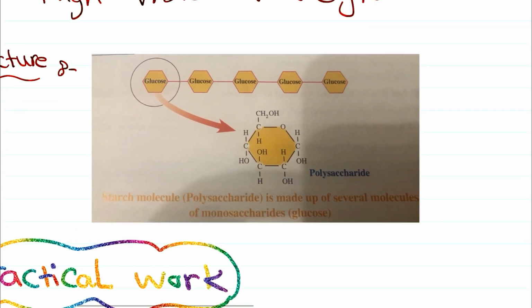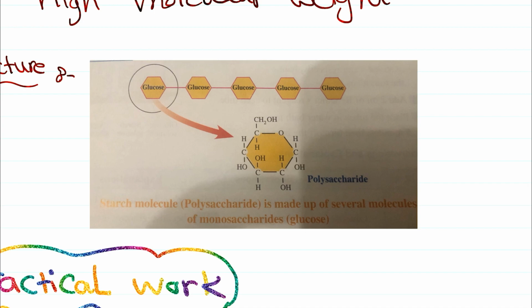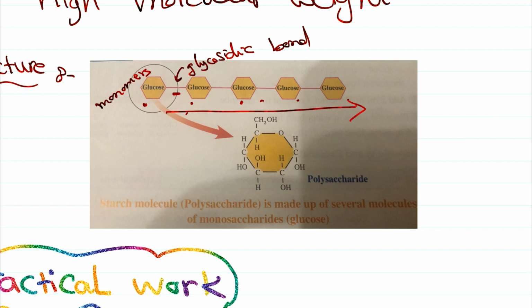If you focus on the diagram, you will see we have the glucose units, which are called monomers, and they combine together by glycosidic bonds, many of them, to form a huge or large molecule, which is called a polysaccharide.